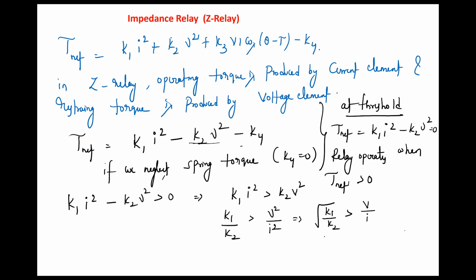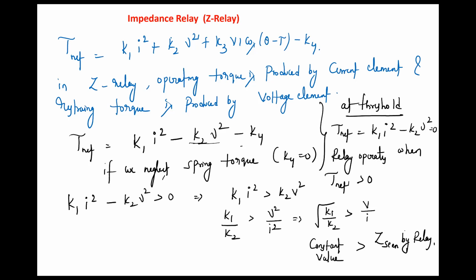So from this you are going to get a constant value, square root of K1 by K2 is a constant value. This constant value should be greater than V by I, which is the impedance seen by relay. Understand?